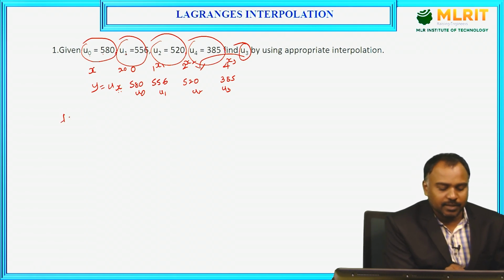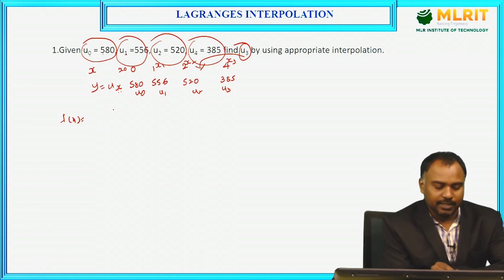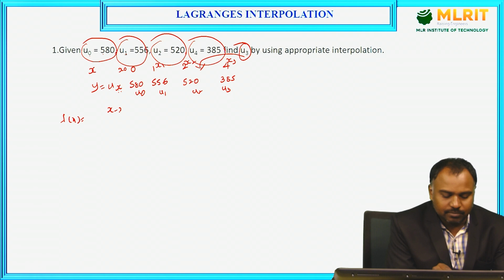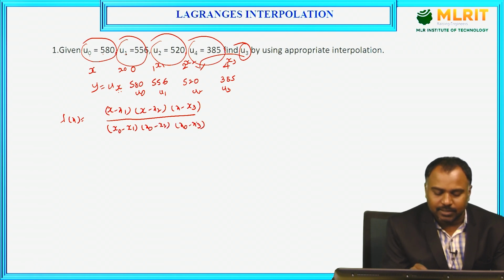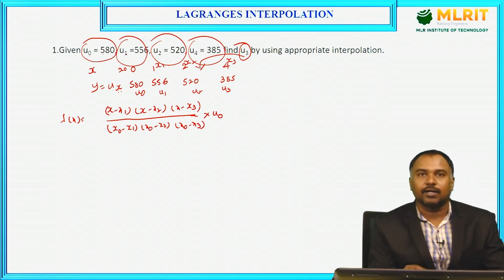The formula, as I said, f of x is equal to x minus x1, x minus x2, x minus x3, divided by x naught minus x1, x naught minus x2, like in the previous slide, x naught minus x3, into the respective function value u naught or y naught.